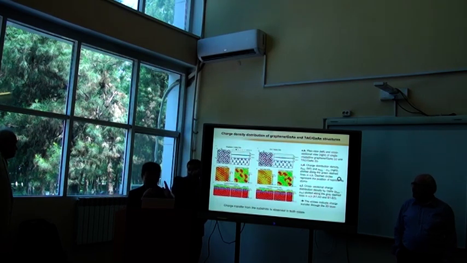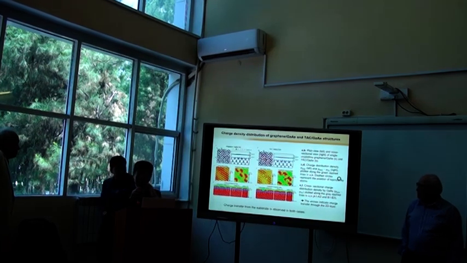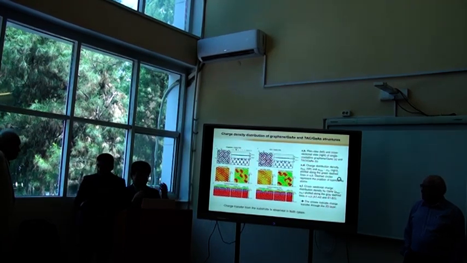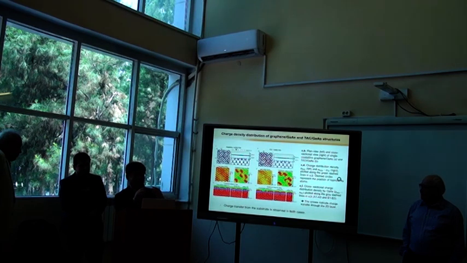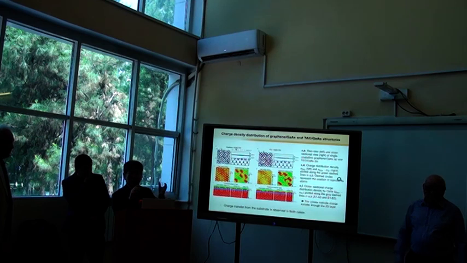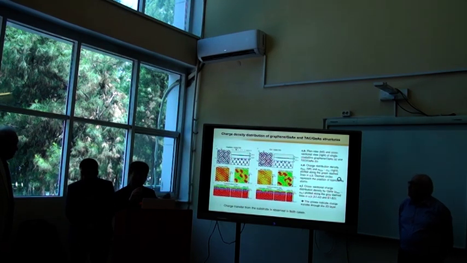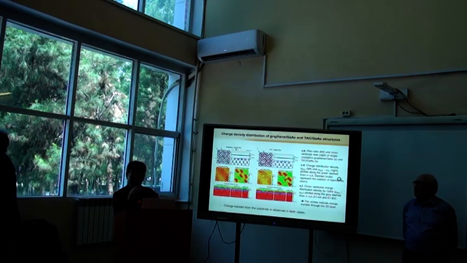Ideal graphene doesn't have a gap. Doping includes many things, such as putting an additional atom in graphene or replacing carbon with other atoms.